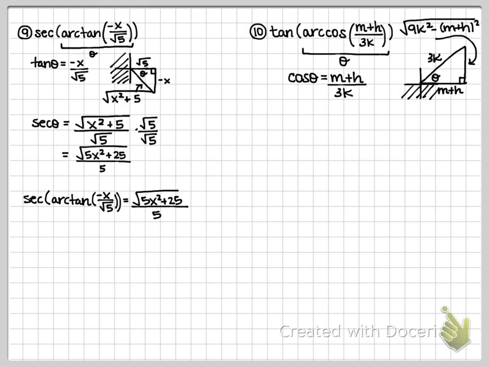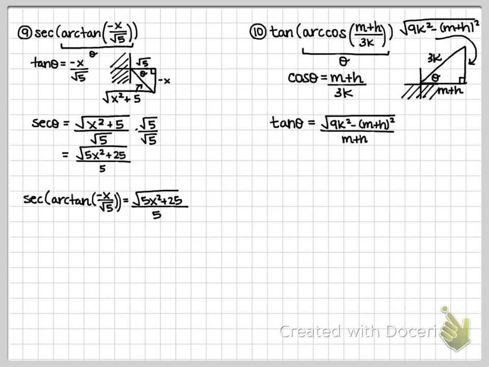So now we want to do tangent of that picture. Okay, so tangent is going to be opposite over adjacent, which is going to be that big square root, which is going to be 9k squared minus m plus h squared over adjacent, which was m plus h.